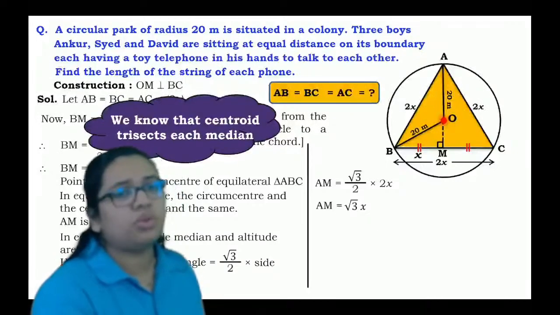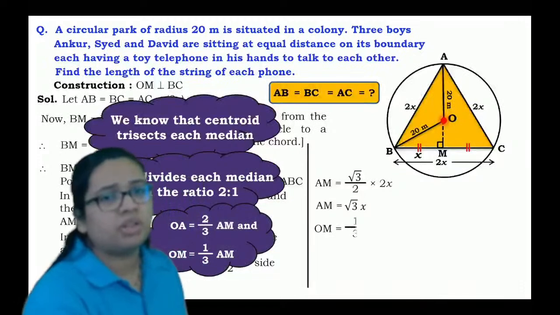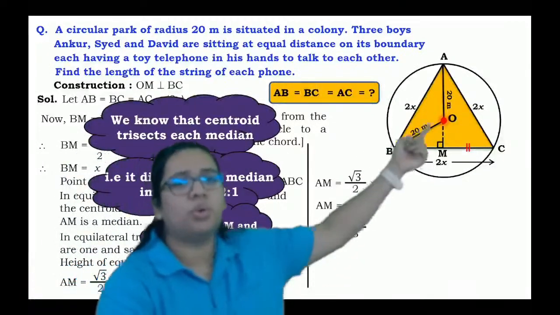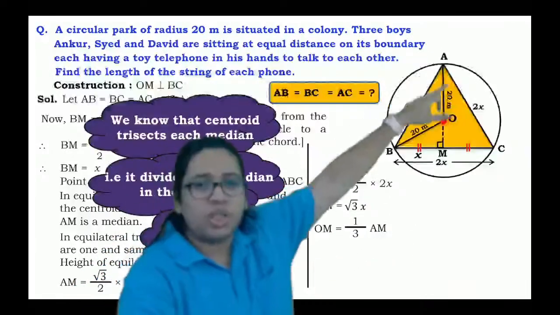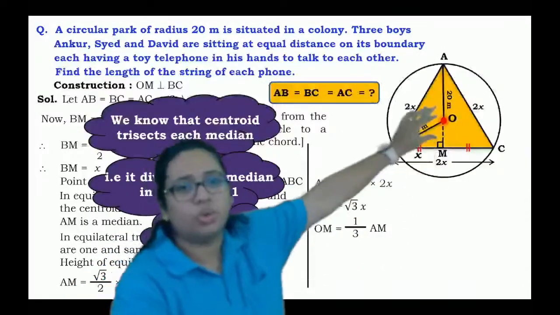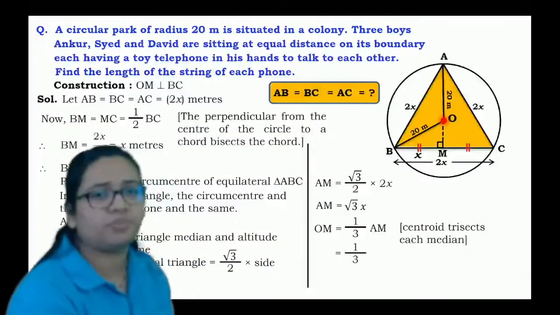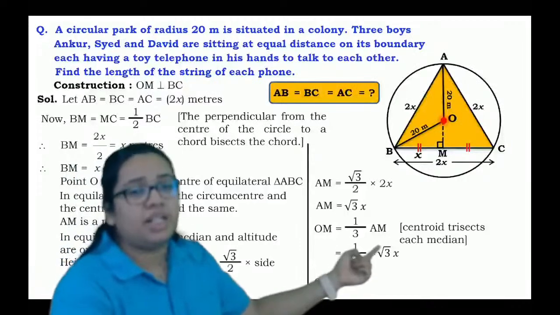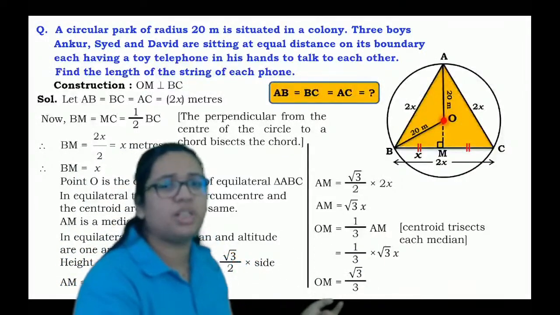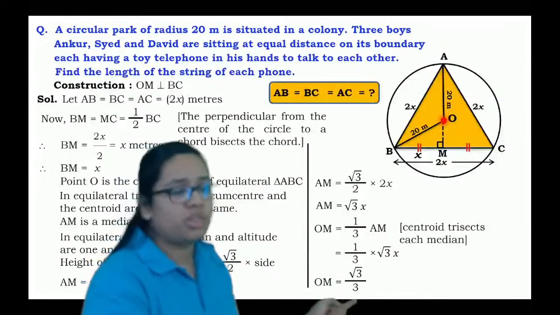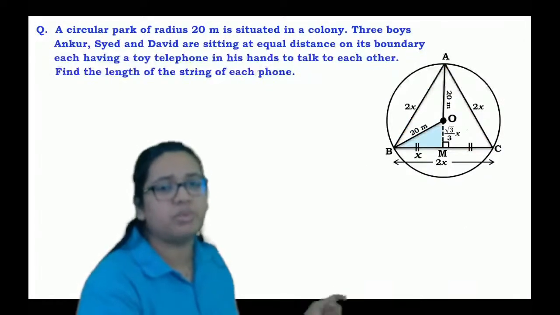Now again, we know that centroid divides the median, so OM is one third of the median. OM is one third of AM. But as AM equals √3 times x, OM will be √3 upon 3 times x.